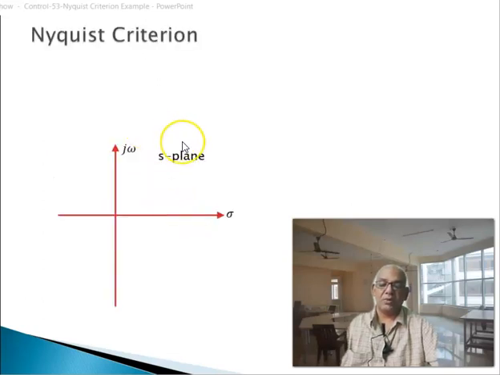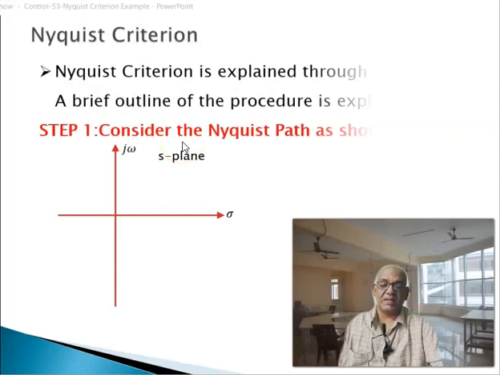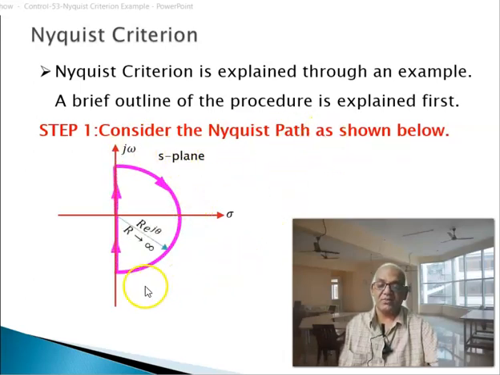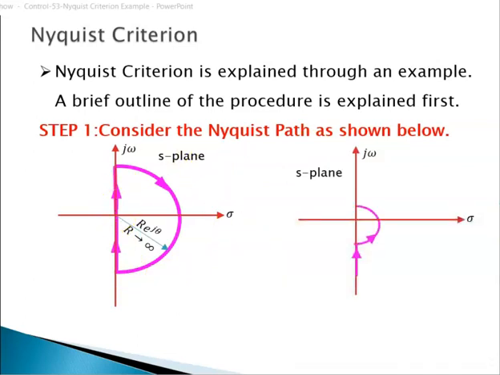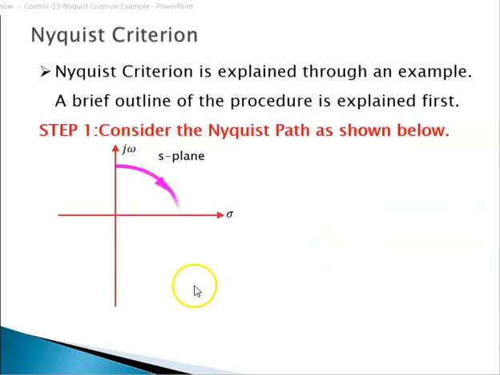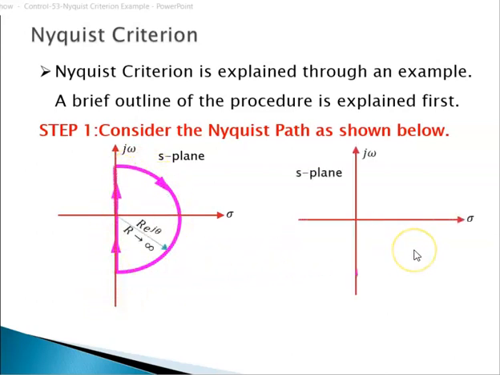We will now lay down clearly the steps involved in applying the Nyquist criterion. Step 1: consider the Nyquist path, which is this one big circle as shown here, or the two circles, one very big circle and one very small circle.